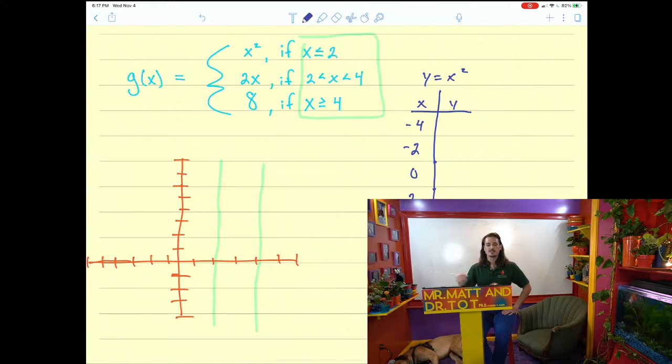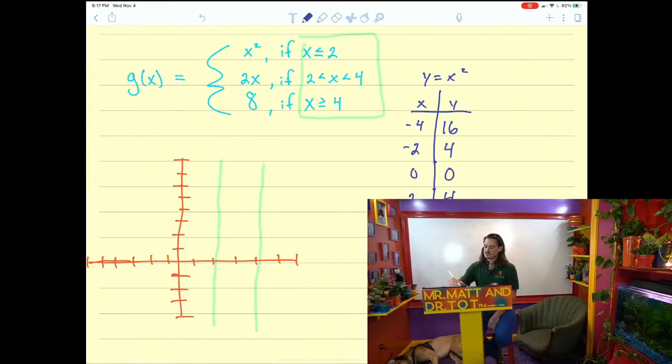If I put negative 4 into x squared, I get positive 16. If I put negative 2 into x squared, I get positive 4, because negative 2 squared is positive 4. If I put 0 into x squared, 0 squared is 0. And if I put positive 2 in, 2 squared is positive 4.